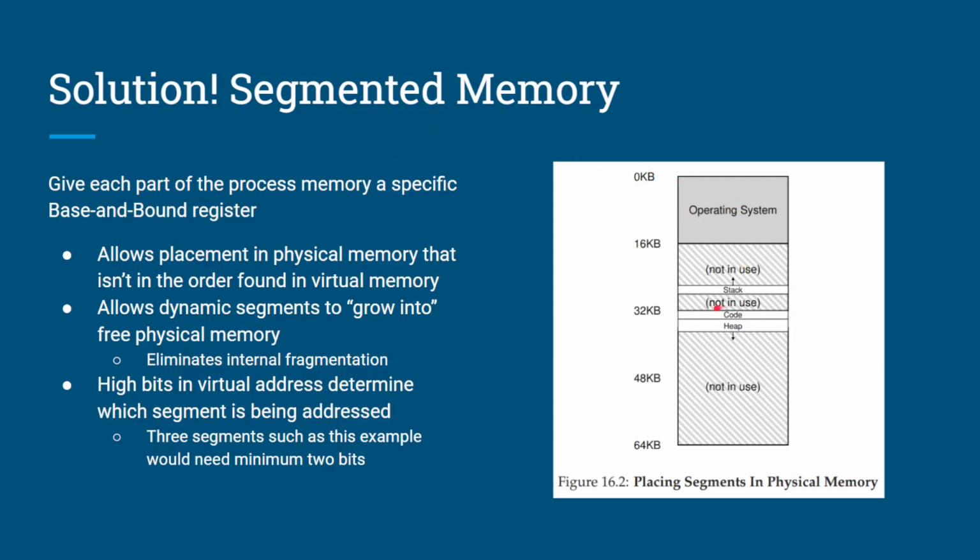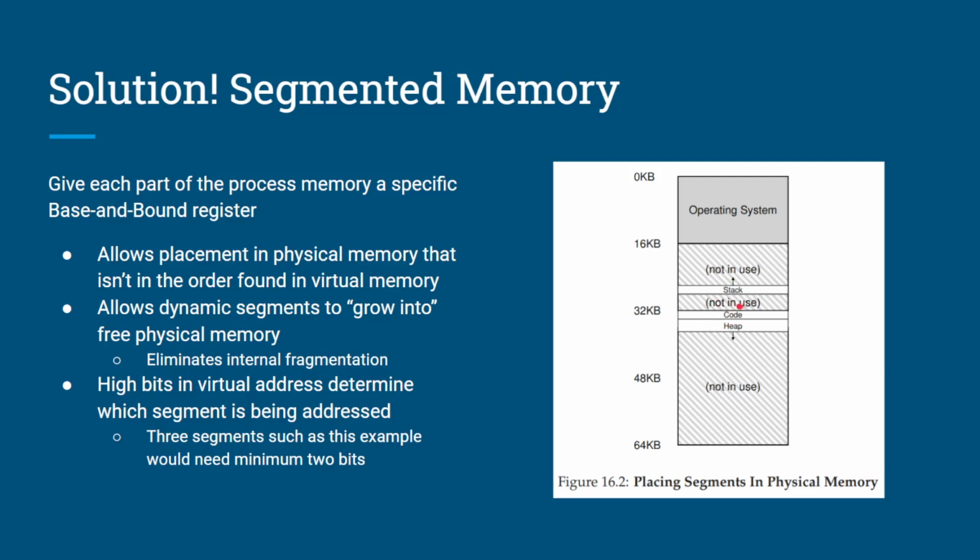We'll take the different segments of our particular program address space, like the code segment, the heap segment and the stack segment and give them their own base and bound register. So instead of one base and bound register per process, now we can use 3 base and bound registers.